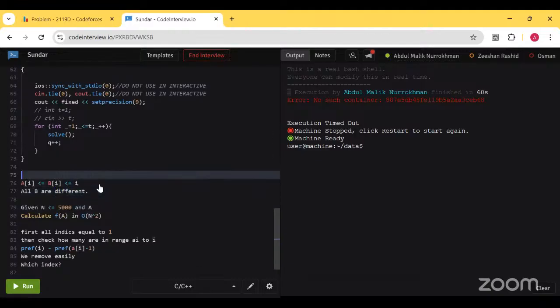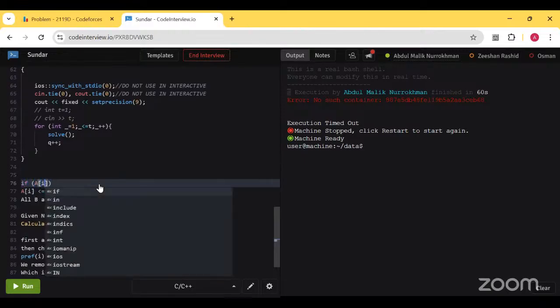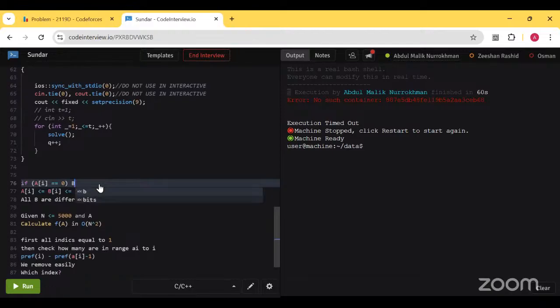Okay, is it correct? If a_i is 0, then p_i is 0. Otherwise, p_i should be between this, but all p are different. Is it understood?